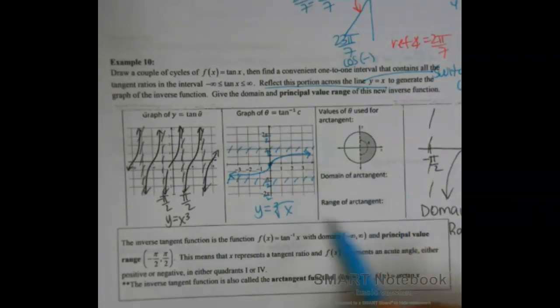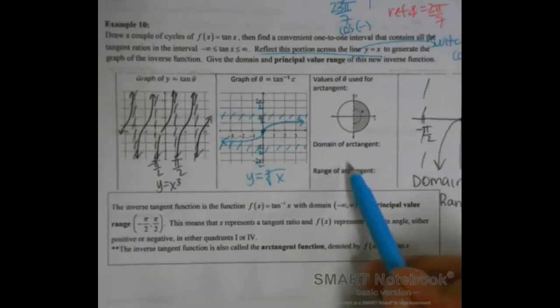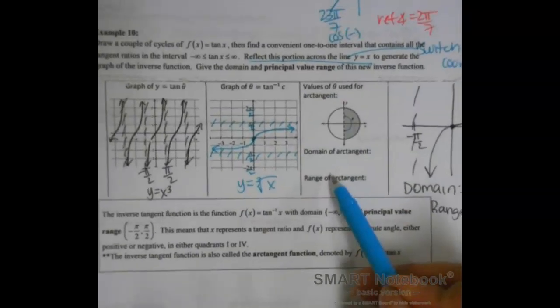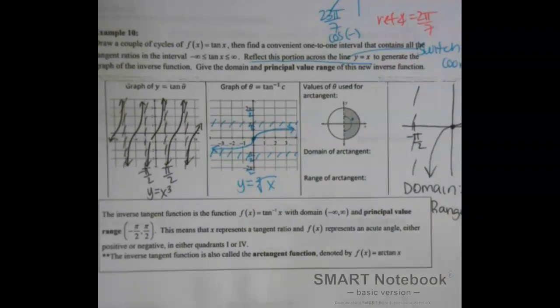In this space, before I do it, label your domain and range of this blue graph that we just made. What's the domain for this arctangent graph? Read it from left to right.